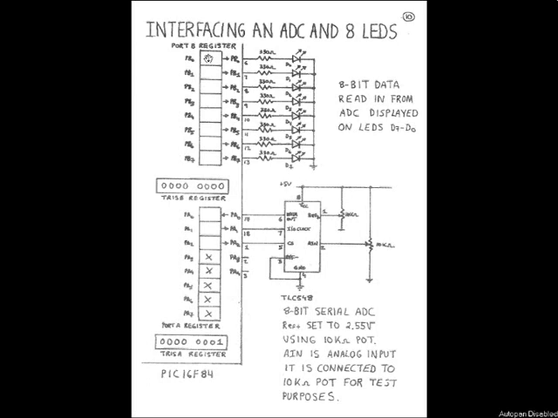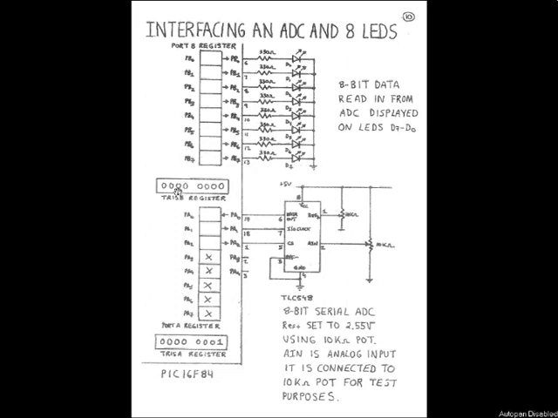If there was a logic 1 here, D0 would be on, and if there's a logic 0 in the port B0 location, then this LED will be off. So a 0 or 1 in any of these positions will turn the individual LEDs on and off.